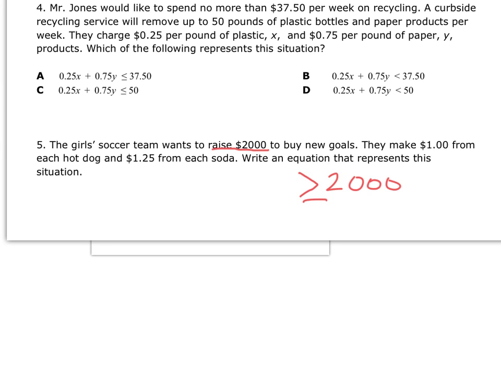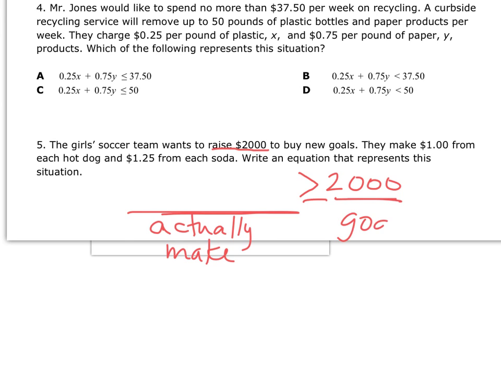Because this is what they actually make. And this is the goal. So their goal is 2,000. What they actually make can be more than 2,000, right? But if they want to buy those soccer goals, can they make less? No.